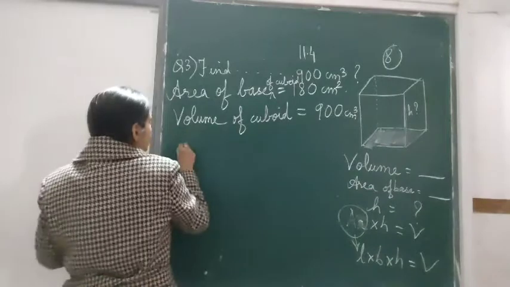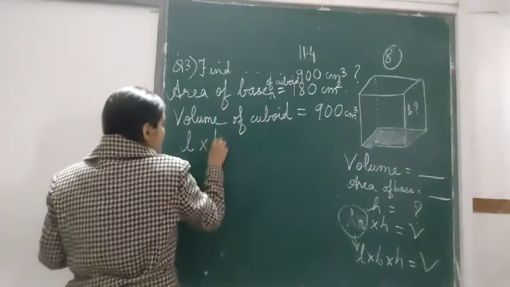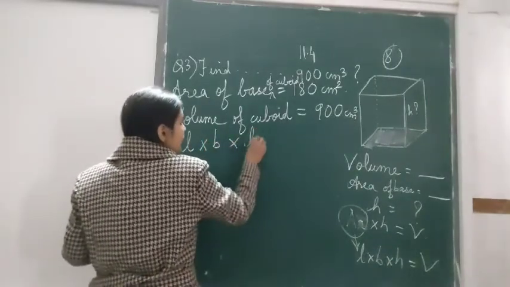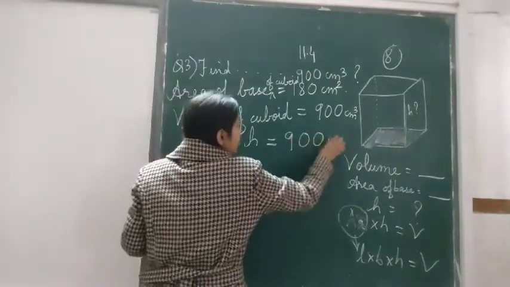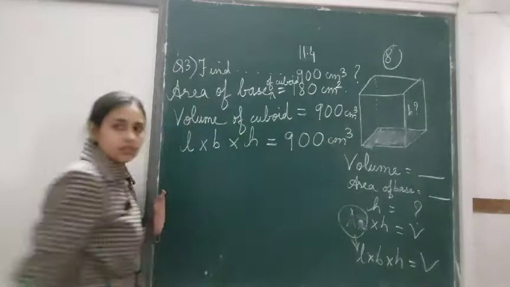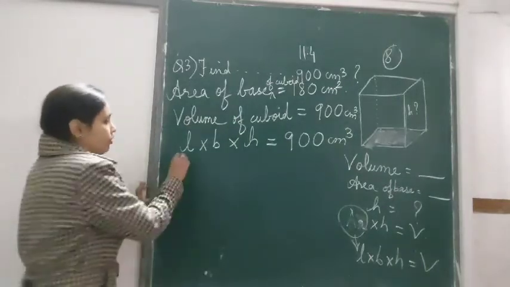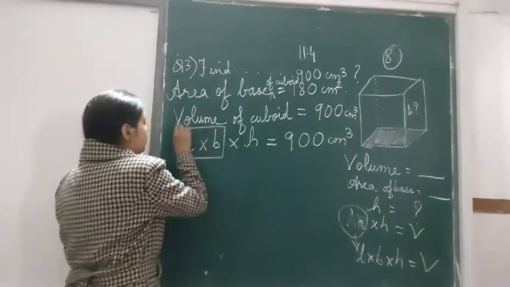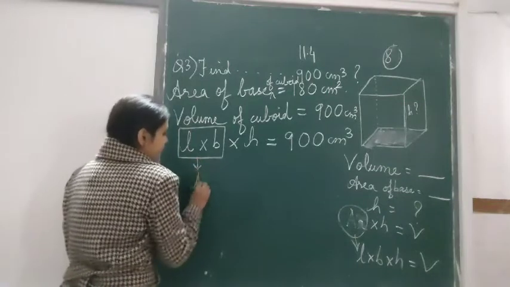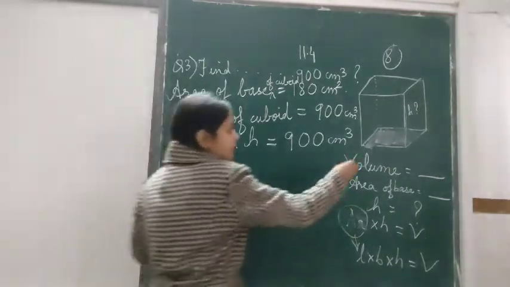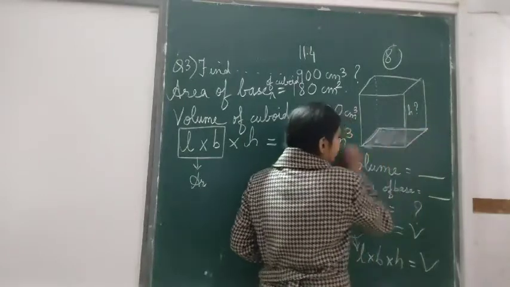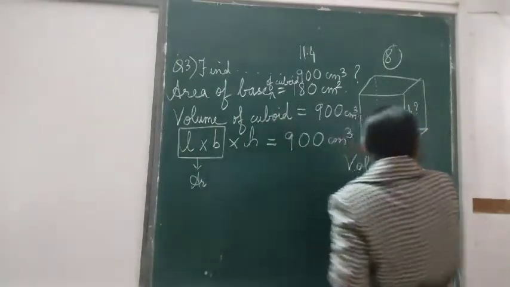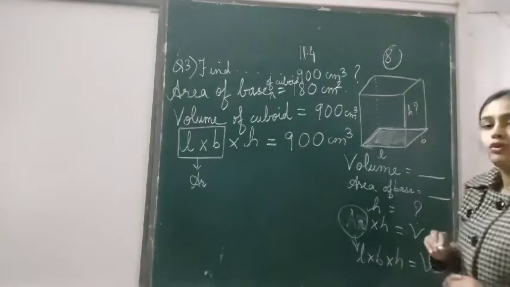Now volume means length into breadth into height is equal to 900 centimeter cube. Okay, now length into breadth becomes area of base, because when we talk about the base and when we find its area, it is length into breadth.